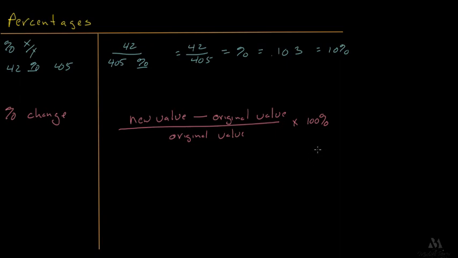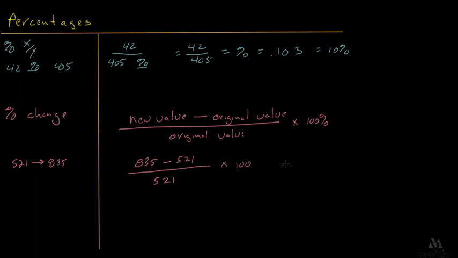So let's say we have a quantity that changed from 521 to 835. So we were at 521, we changed to 835. So our new value is 835. We're going to subtract the old value, 521, or the original value, and we're all going to be over 521.